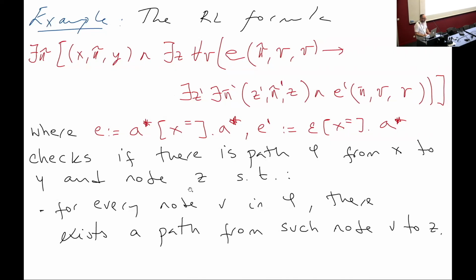So we can express the following. Whether there exists a path rho from X to Y and a node set such that for every node B in rho, there is a path from B to the set. Essentially something like this.